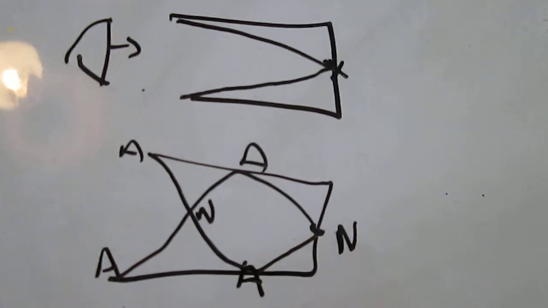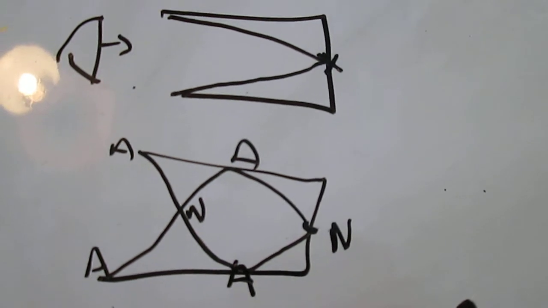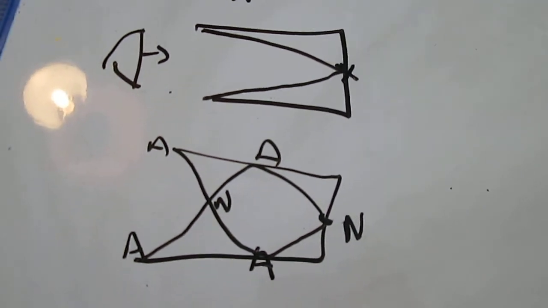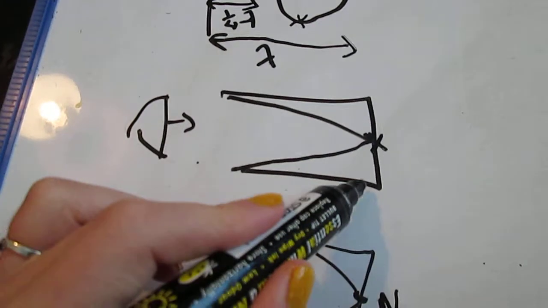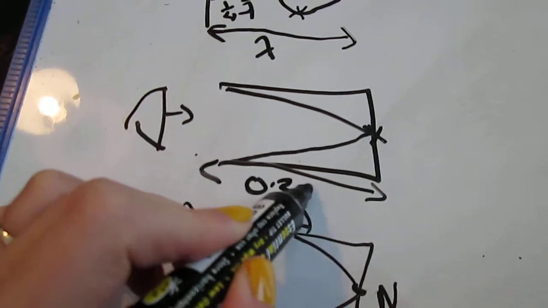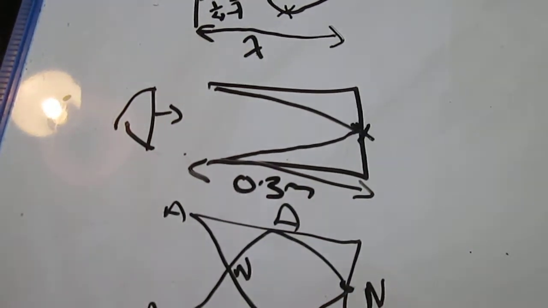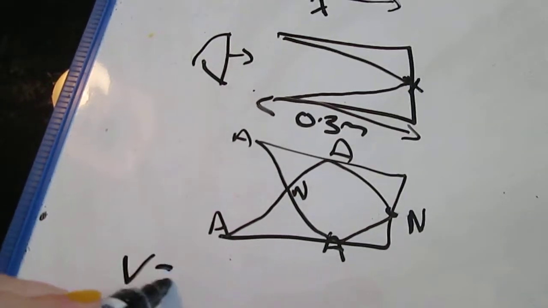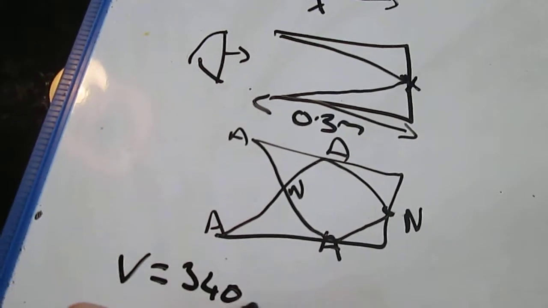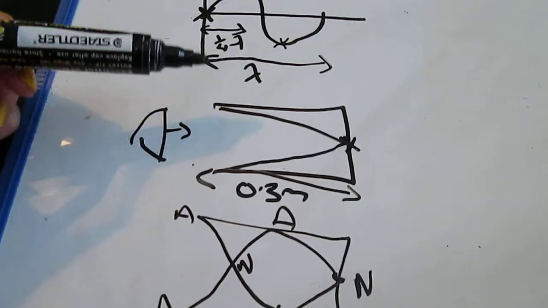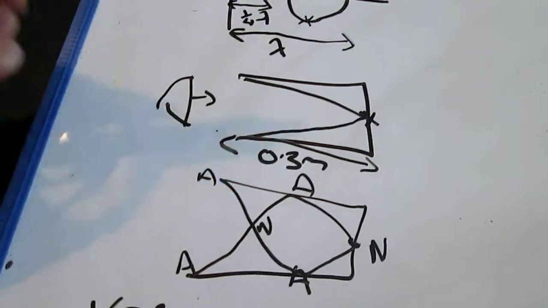So the first calculation we have to do, it says that the tube is 30 centimeters long. So this whole thing is 0.3 meters, and it says that the velocity of sound is 340 meters per second, and it wants us to calculate the frequencies of these two modes.